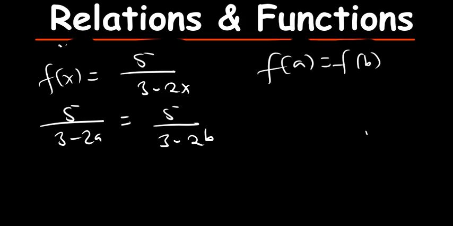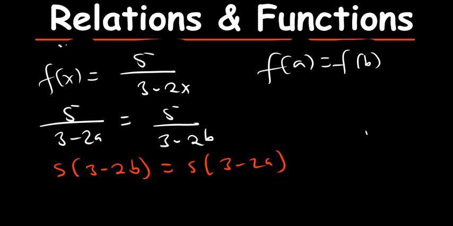Now I want to make a the subject of the formula. If I cross multiply, I'll have 5 times 3 minus 2b should be equal to 5 times 3 minus 2a. Now I can cancel 5, as I have 5 on both sides. So then I have 3 minus 2b should be equal to 3 minus 2a.